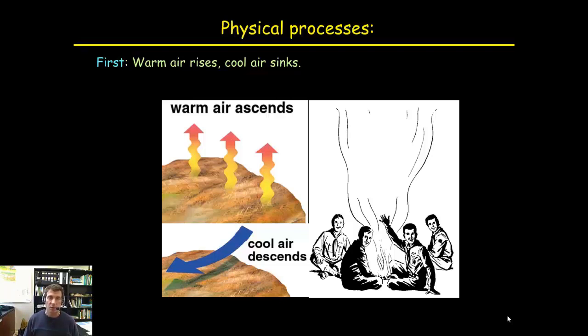Really what you need to focus in on is that warm air rises and cold air likes to sink. This is familiar to you from times when you've been around a fire, like a campfire, or held your hand over a candle and feel that warm air rising, or in the summer when you're barefoot and you open the fridge door and all that cold air floods out and you can feel that on your feet.